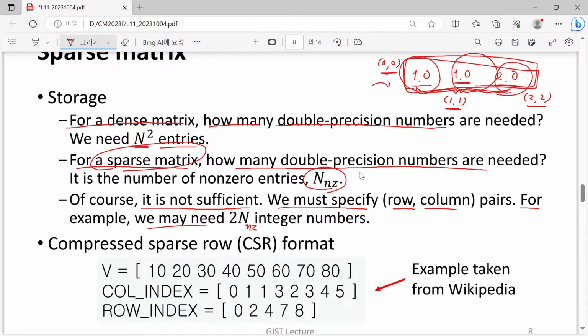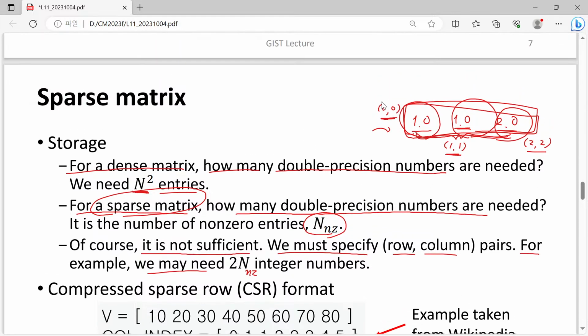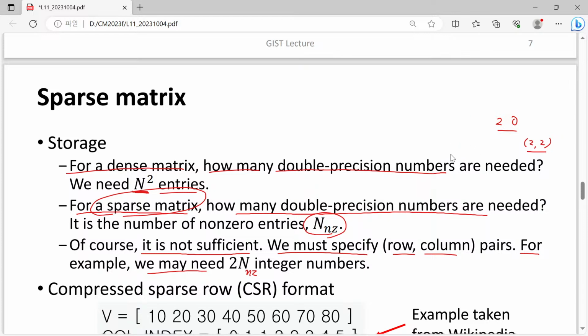So now let's make a really simple evaluation. I will give you a simple matrix: 1, 2, 1, minus 2, 1, and 1. All other entries are 0.